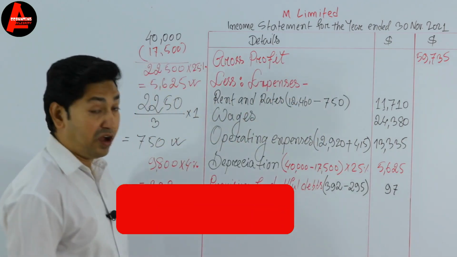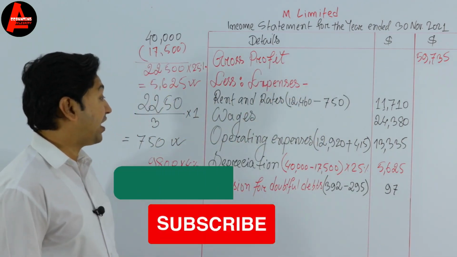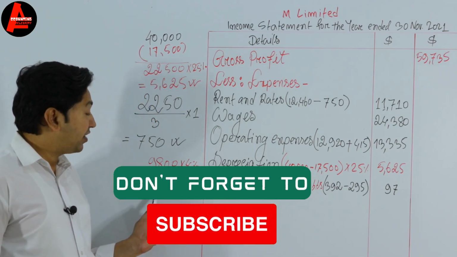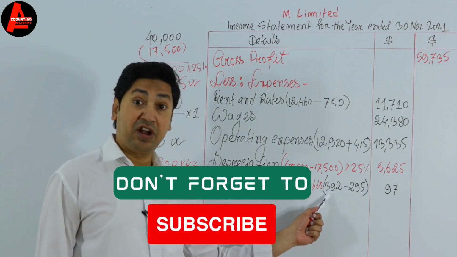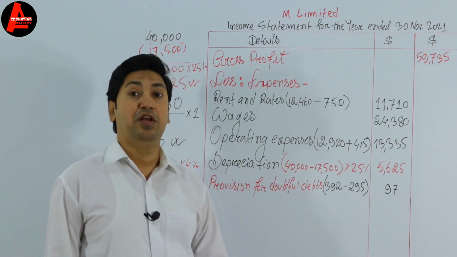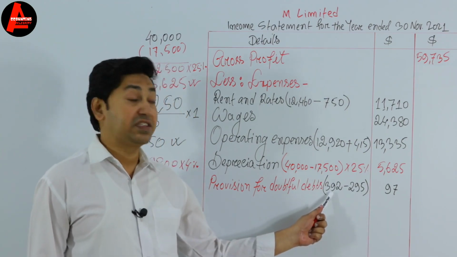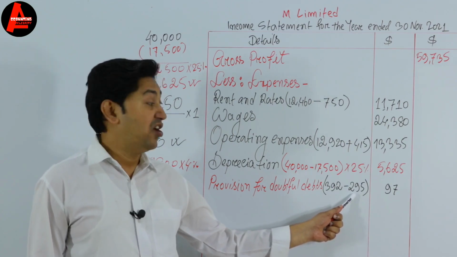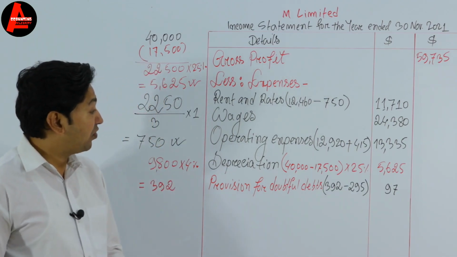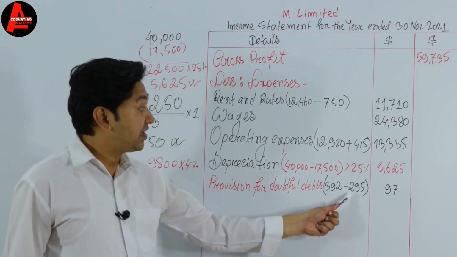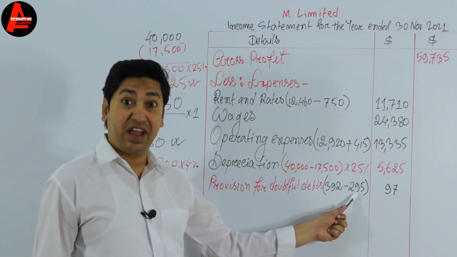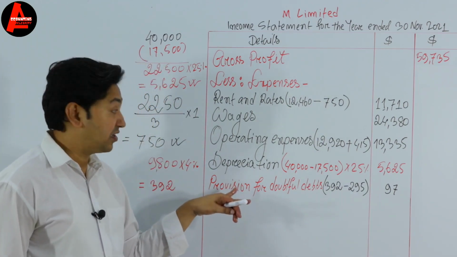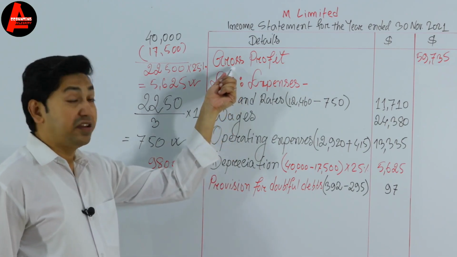Now the question is, we calculated 4% on trade receivables and we got $392, which we wrote here and subtracted. So this amount is greater than the amount we had on the trial balance. In case you calculate an amount which is less than the one in the trial balance, then what to do? Then you will not write it under expenses, you will write it under income.